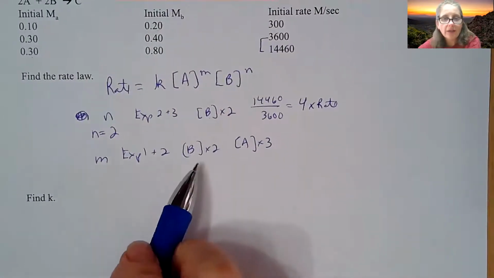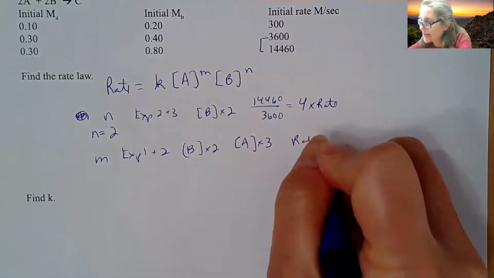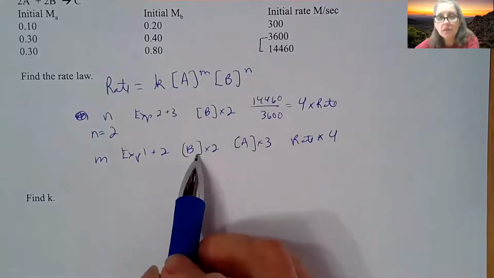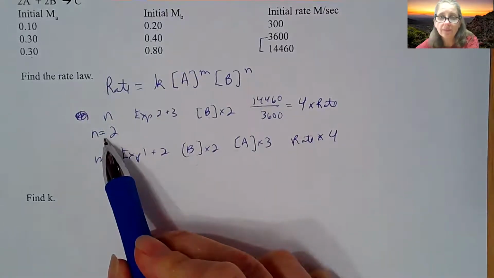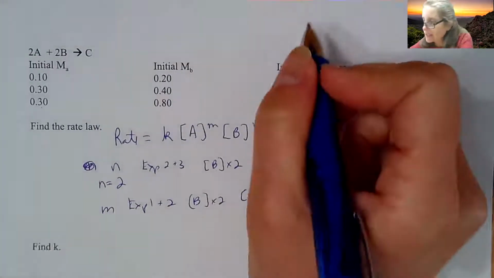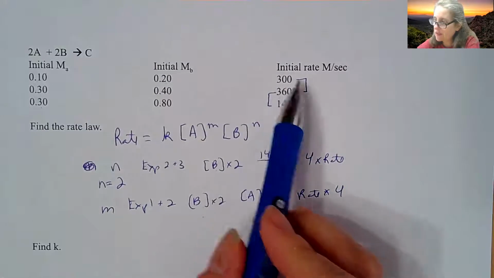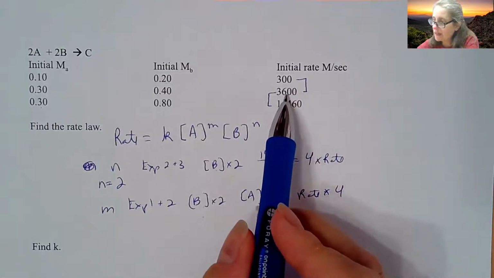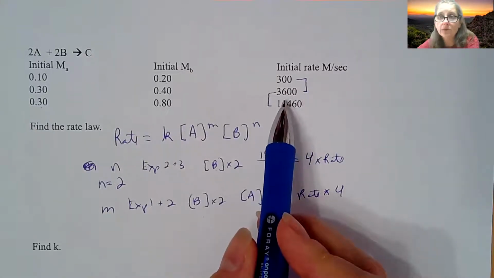I know whatever I do to B is going to essentially do what to the rate? Well, it's going to multiply the rate by a factor of 4 due to B. I know that because I discovered it to be a second order reaction. So if I look at my numbers here, the 3,600 and the 300, if I multiply the 300 by 4, I get 1,200.